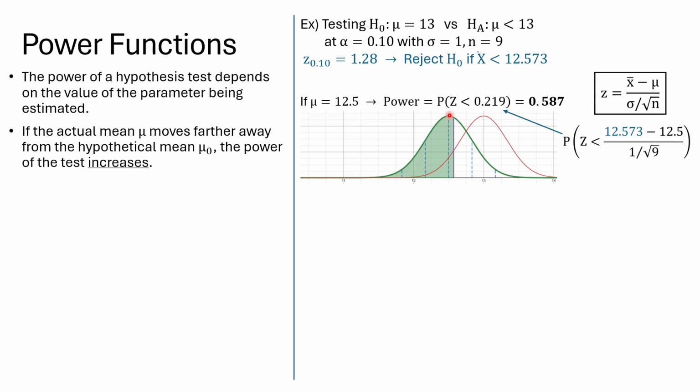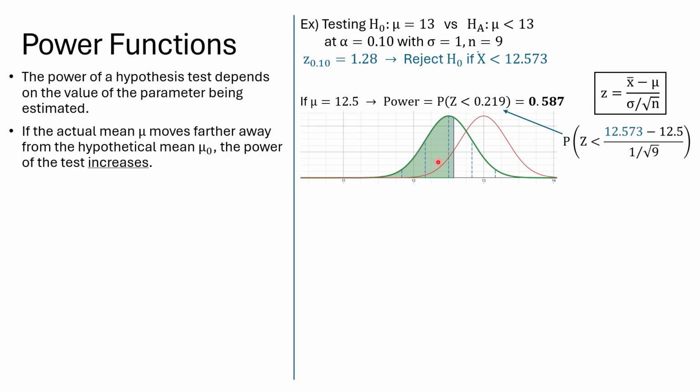So here, the probability that the z-score is less than 0.219 is 58.7% or 0.587. So 58.7% of the time, if the true mean is 12.5 and we have everything else as above, we would reject the null hypothesis, because that is all of the sample means we would actually be getting. We'd get all these sample means that are in the rejection region.